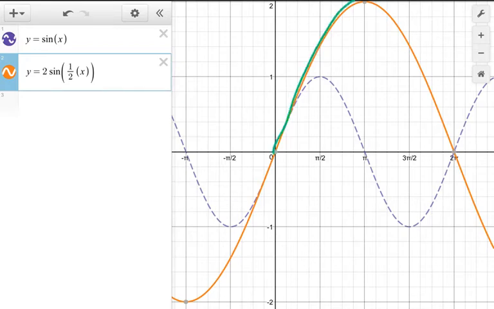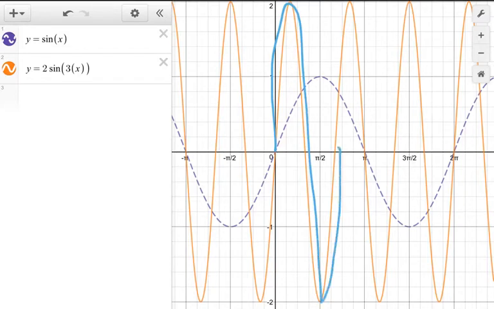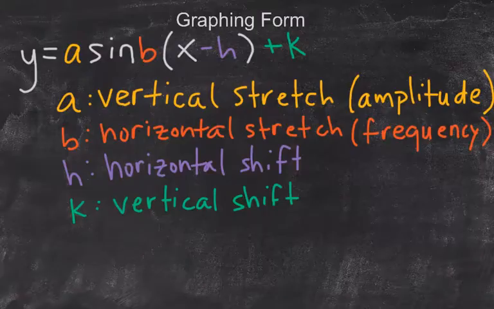So I can get through only half of a cycle in 2 pi radians and vertically stretch my y values by changing the amplitude to 2. Here's an example where I've got an amplitude of 2 and a frequency of 3. So there's one full cycle, there's my second cycle, and there's my third cycle, in between 0 and 2 pi radians.